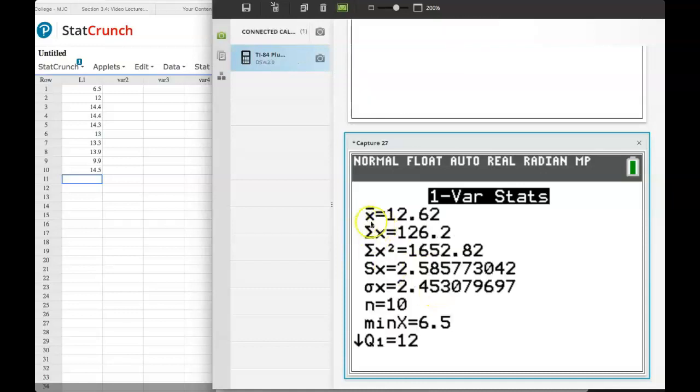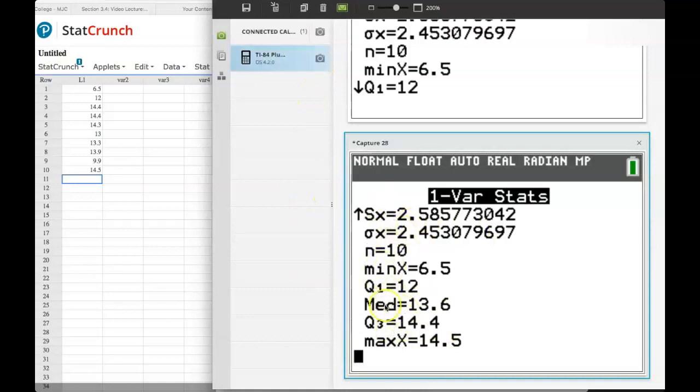The result is, here we have the mean. It didn't ask us to find the mean or standard deviation. We only need to find the minimum, Q1, and so on, so I'll scroll down to see those data. It's the same screen, on the same page, but you need to scroll down. Here our minimum value is 6.5.